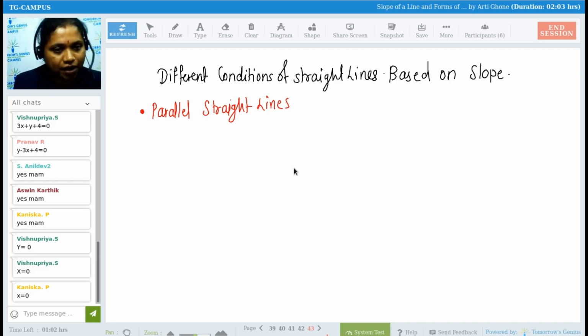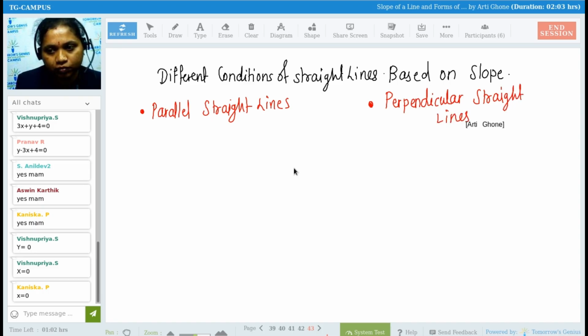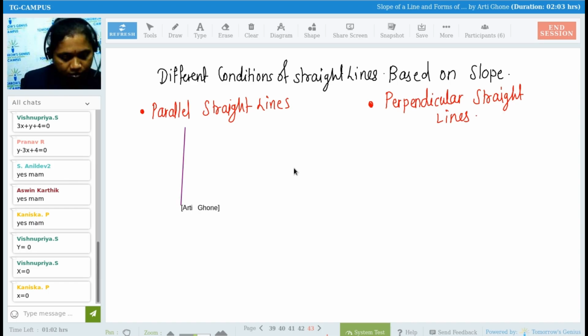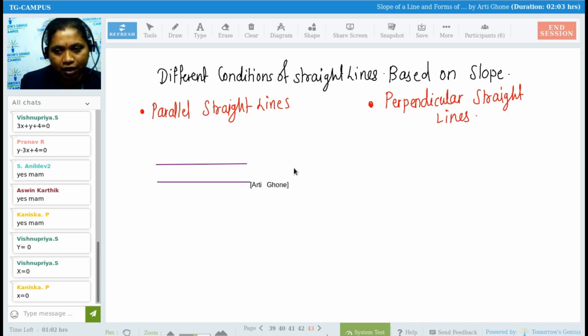The first kind of straight lines is parallel straight lines, and the next kind is perpendicular. Just remember that if my straight line L1 is parallel to L2, and here, if L1 is perpendicular to L2.